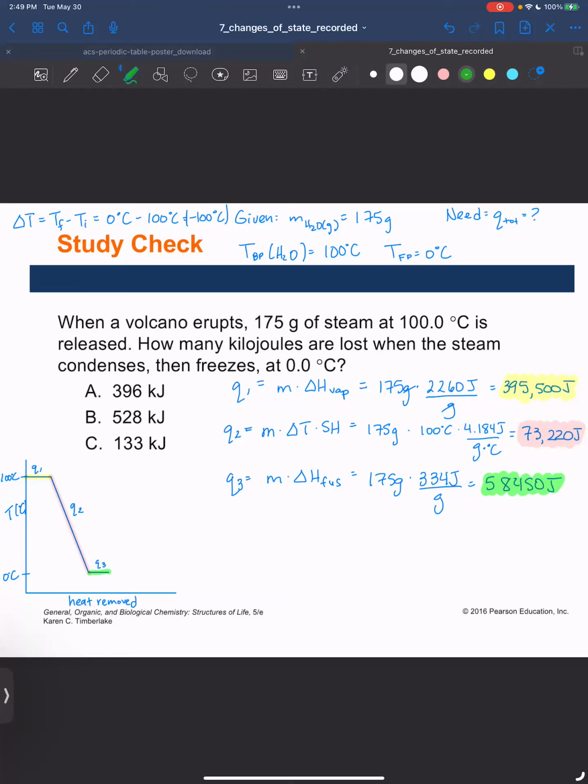of 0 degrees Celsius. And then finally, we want to add it all up. So the amount of heat energy needed to be released is equal to Q1 plus Q2 plus Q3, which is 395,500 plus 73,220 plus 58,450 joules.